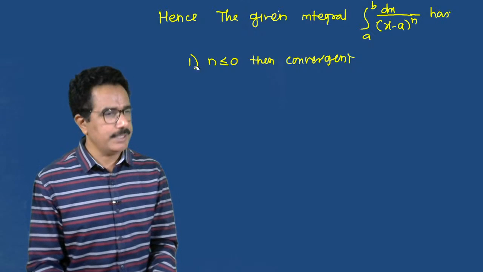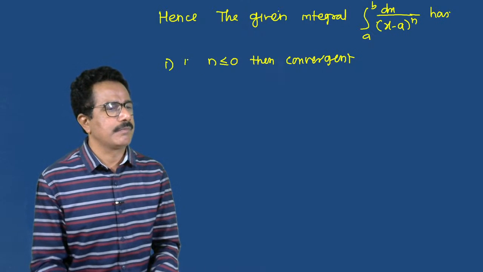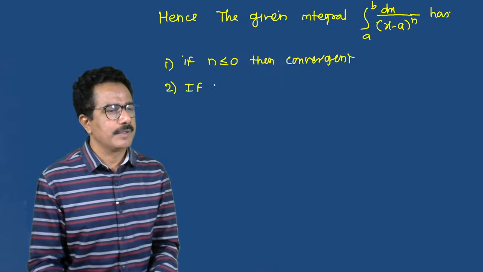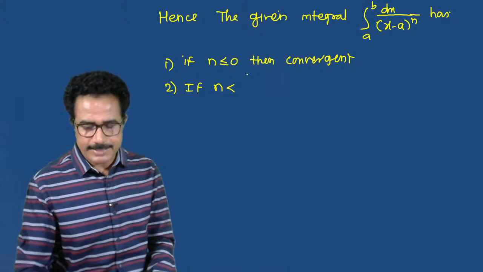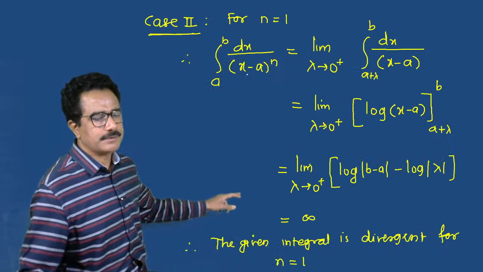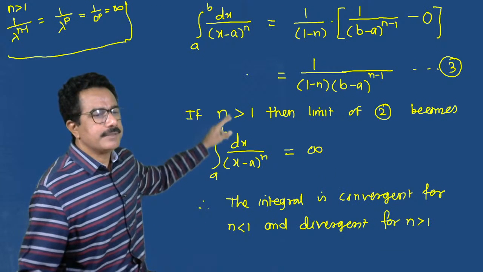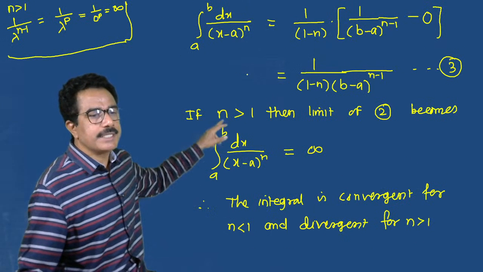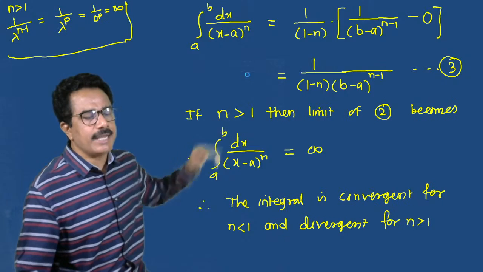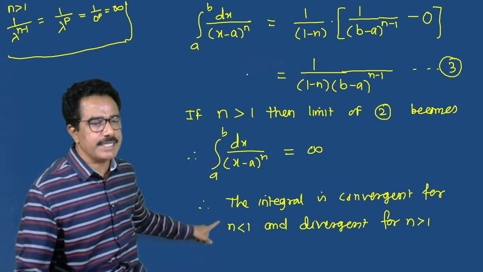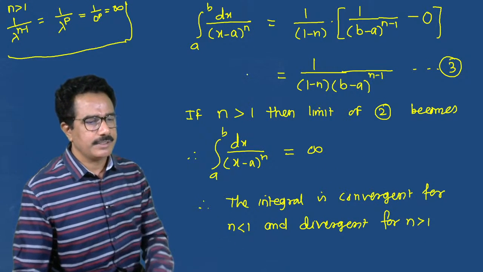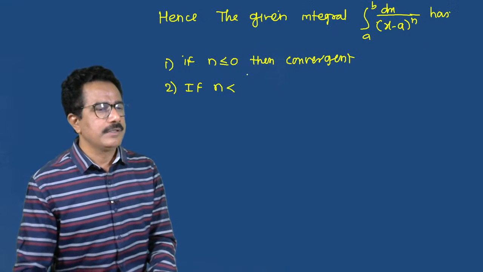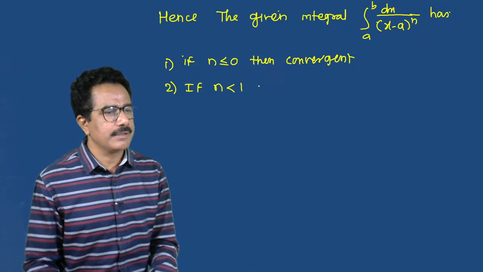Second, if n is less than 1, then convergent.